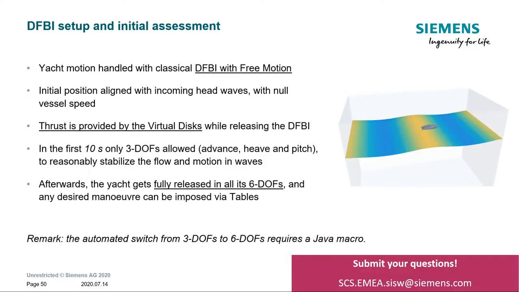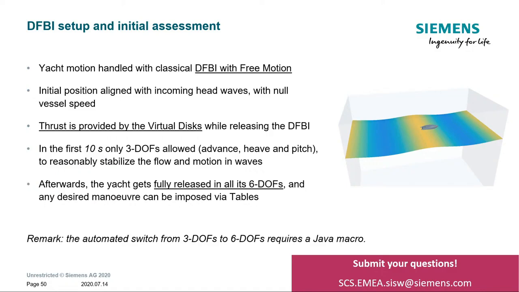Concerning the DFBI setup, here I used the classical DFBI with free motion, with 6 degrees of freedom. The initial position of the vessel is aligned with the incoming head waves, and the boat at the beginning is with null velocity. I provide the thrust via virtual disks as soon as I start to release the DFBI, quite immediately after the simulation.